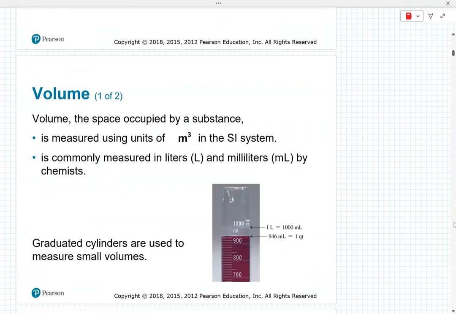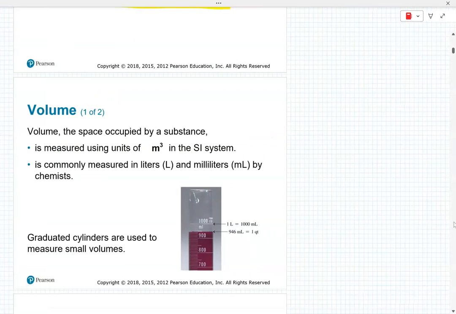So we're going to start with volume. And I have to ask you folks, on Monday you had to calculate the volume of a rectangular object. Remember these little bricks? How did you do that? Length by width by height.